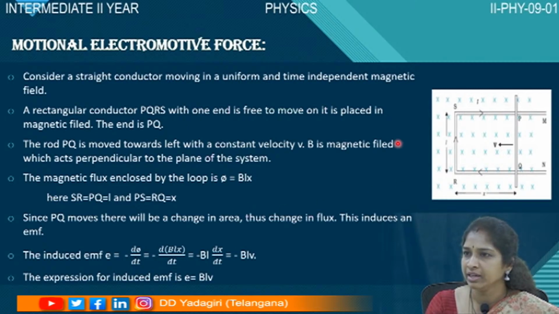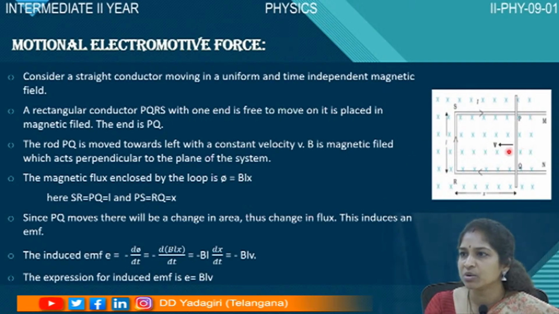I told you already, SR and parallel to that SR is PQ, so both are equal to L, and PS is equal to RQ, both equal to X. So the area of the rectangle PQRS is L into X, and it is placed in the magnetic field, so the magnetic flux cutting across this area LX is BLX.